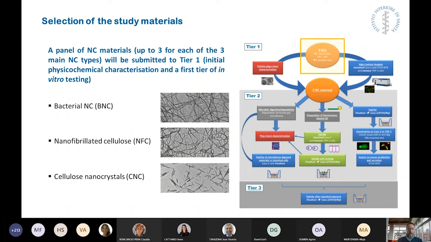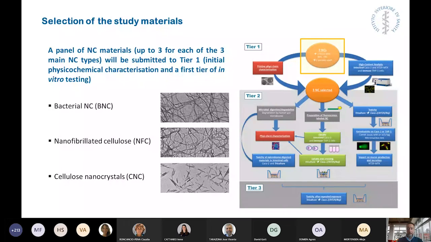We are still struggling a bit to find enough samples of bacterial nanocellulose, and I take this opportunity to highlight this. If there are any interested parties in the audience who would like to provide a bacterial nanocellulose sample, we will be more than glad to get in contact after the event.